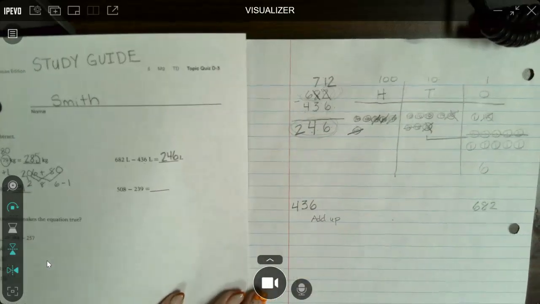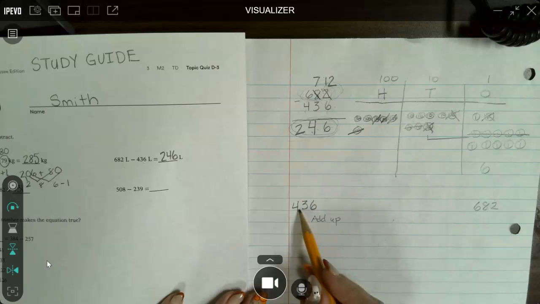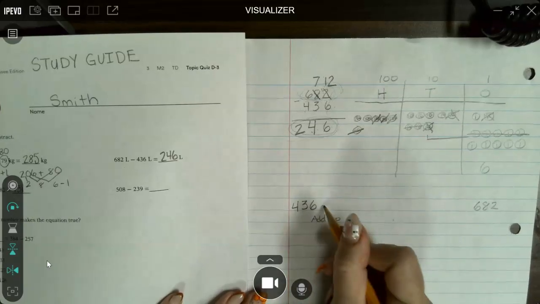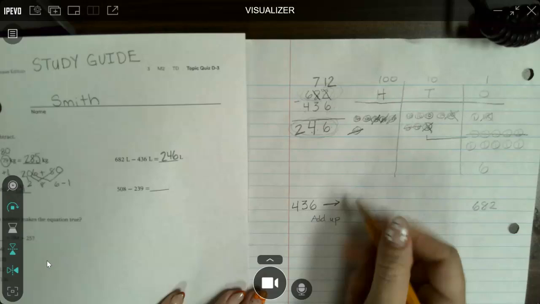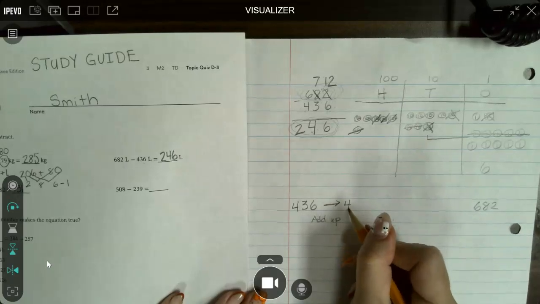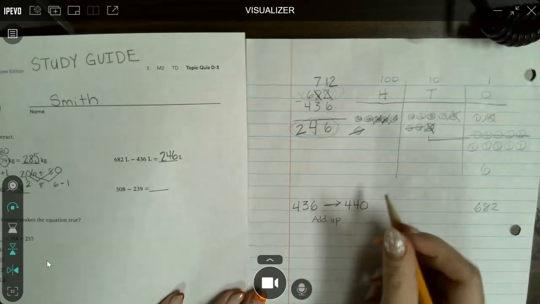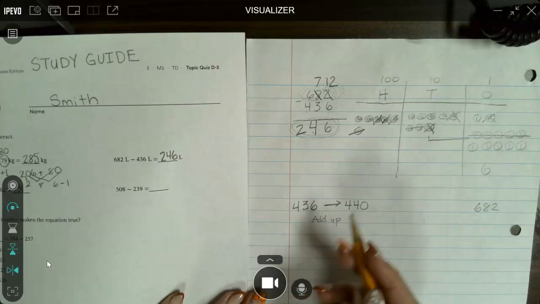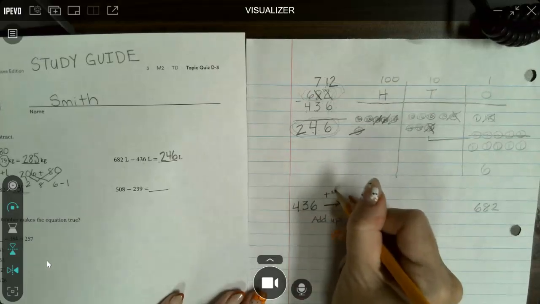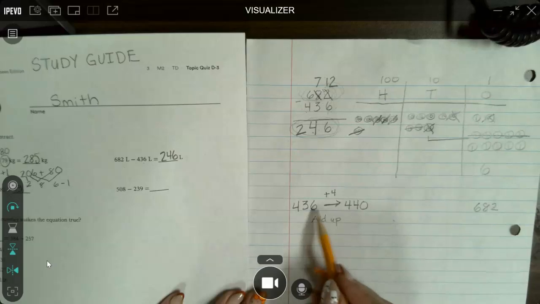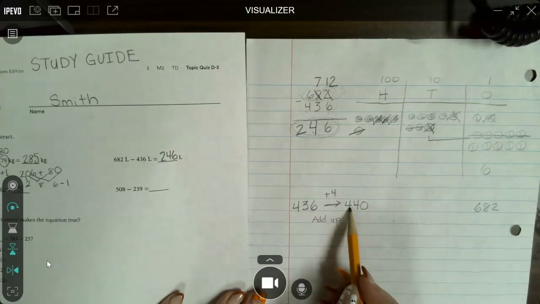So let me show you an example. If I'm at 436 and I wanted to get to an even 440, I would need to add 4 more. 436 plus 4 more would get me to 440.